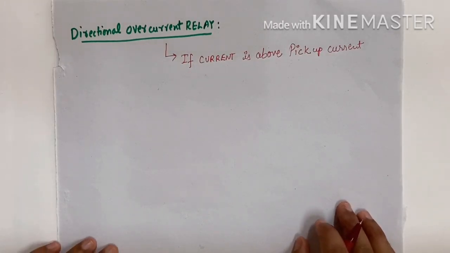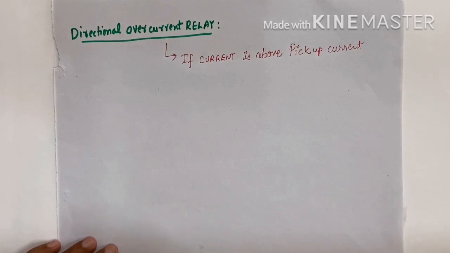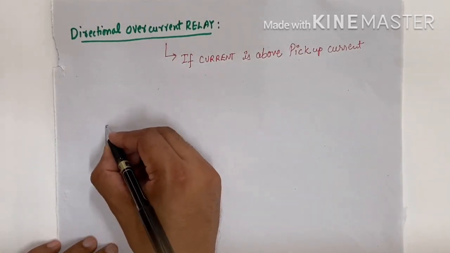Now see with the help of an example where we put a directional relay or a non-directional overcurrent relay. We will see the system.